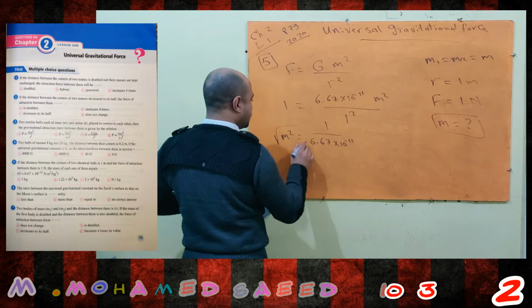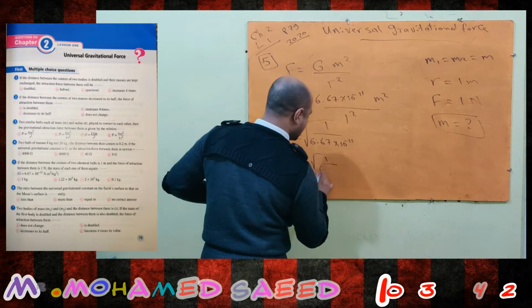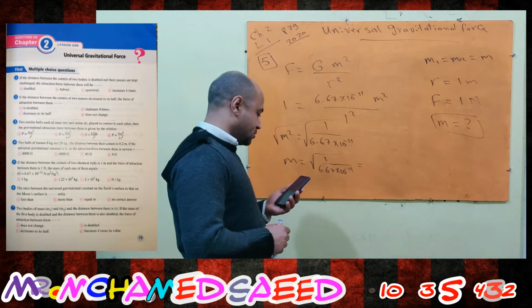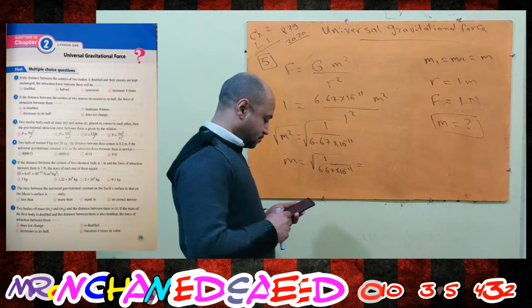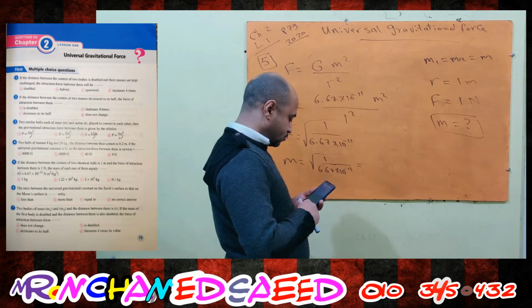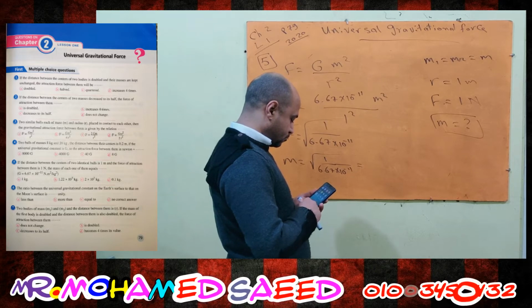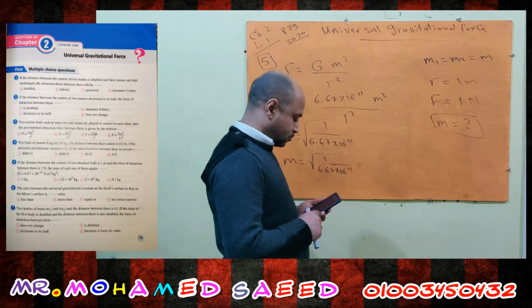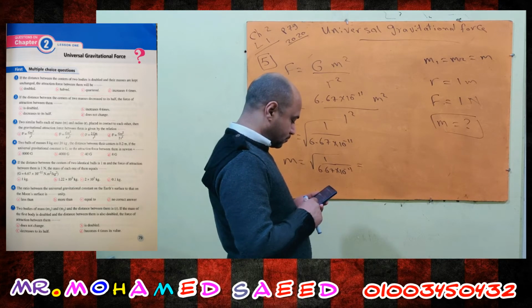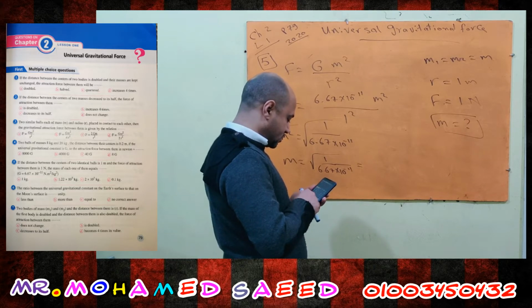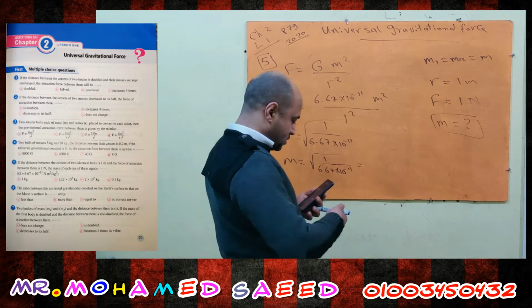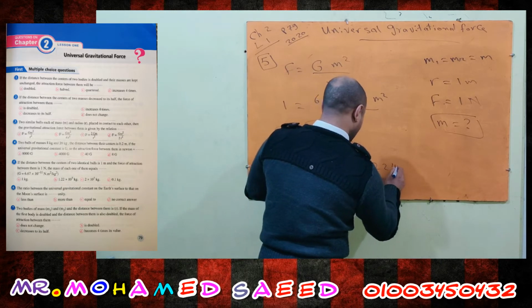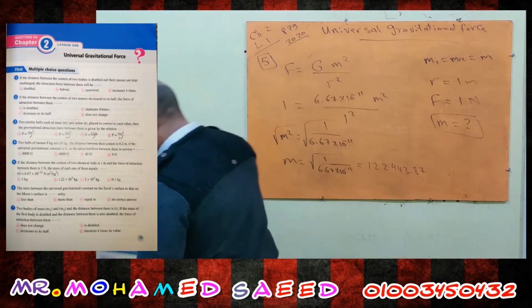So by taking the square root of both sides, M equals square root of 1 over 6.67 times 10 to the power negative 11, using the calculator, equals 1224443.87.